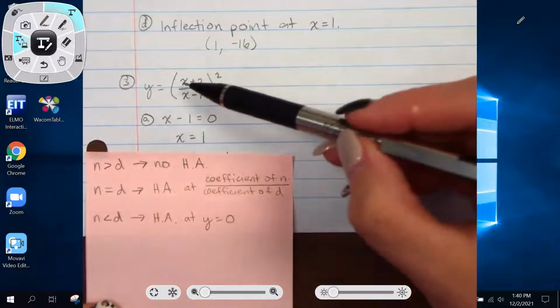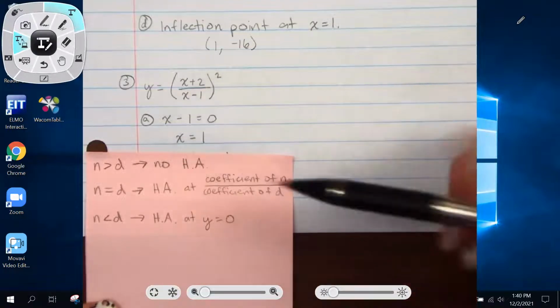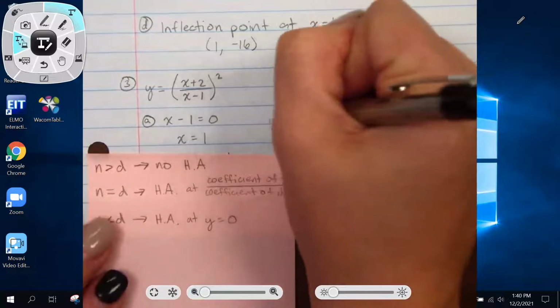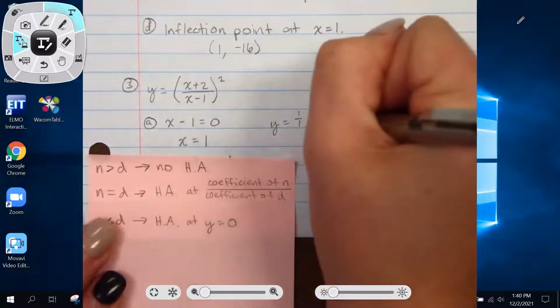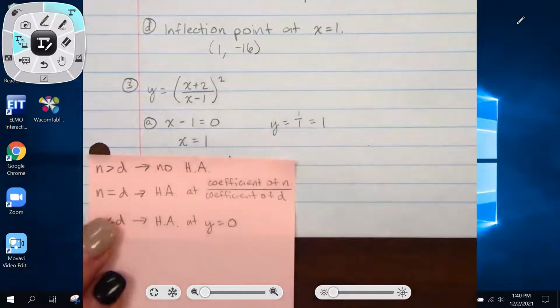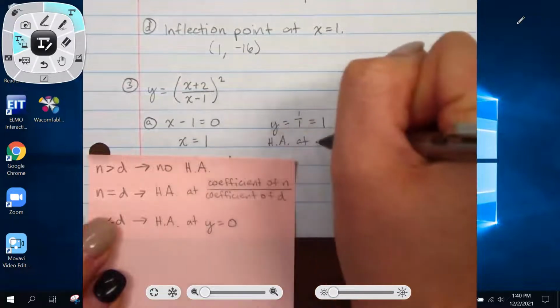So in this case, our leading coefficients, the coefficients on these x's, are both 1. So y equals 1 over 1, which equals 1. So we have a horizontal asymptote at y equals 1.